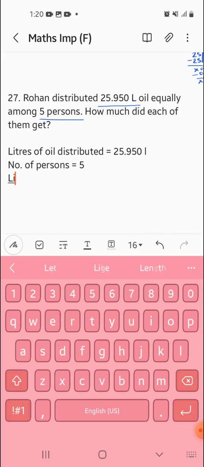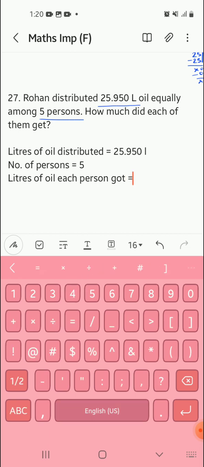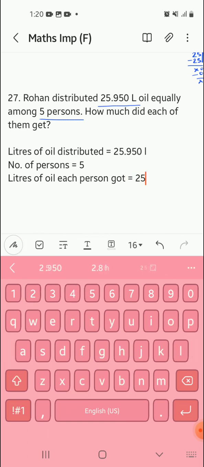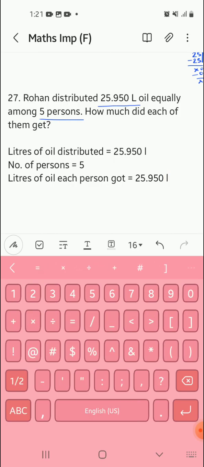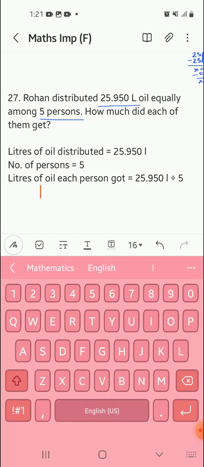Therefore liters of oil each person got is equal to the total liters of oil, that is 25.950 liter, divided by 5.